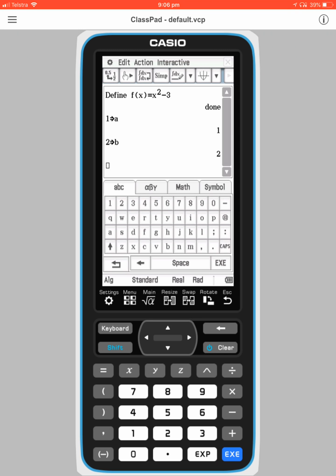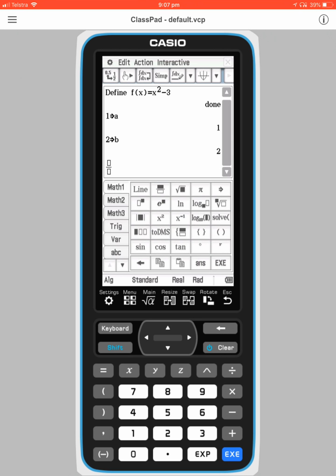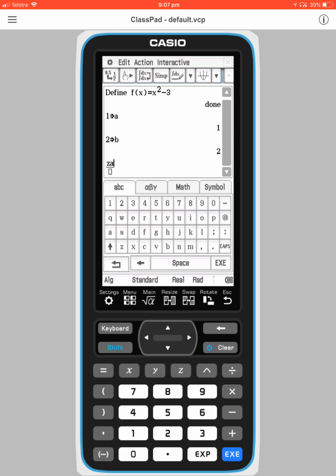Okay, and then we want to calculate A plus B on 2, because basically we want to fill out this table without having to do anything. So we can get the calculator to do all the work for us. A plus B on 2. Okay, so it's 3 on 2.